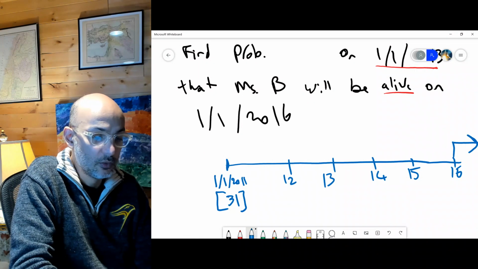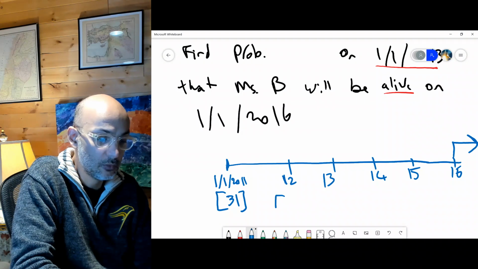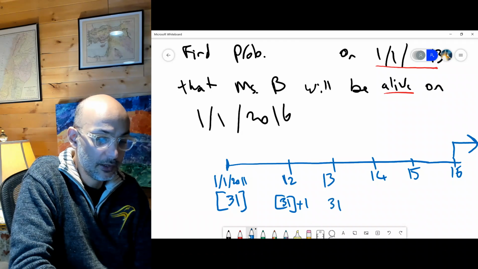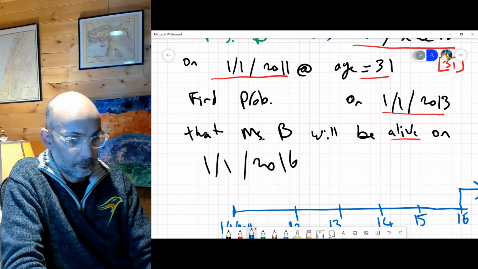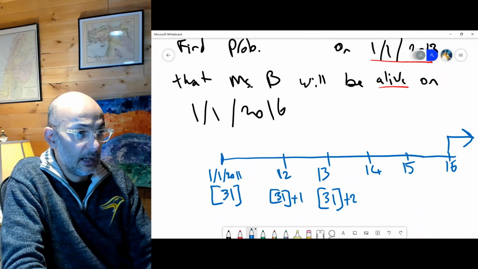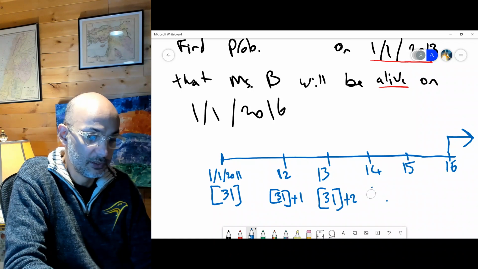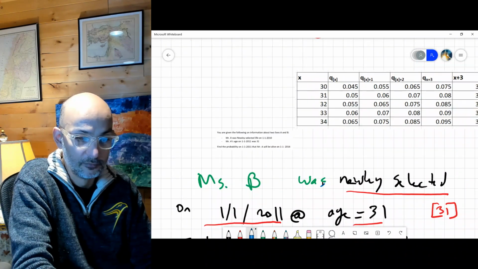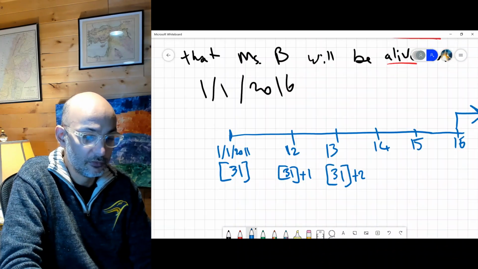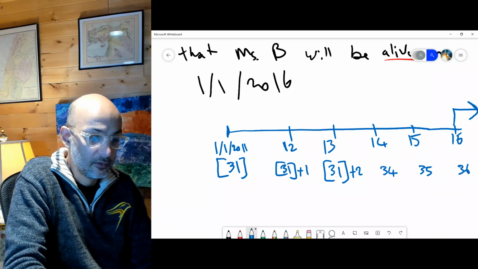Her age 31 on 2012, she will be 31 plus 1. She's still selected. Here will be 31 plus 2. Oh, sorry, here actually end of the period, because the selection is only plus 2. So here will be 34 actually. 35, 36. This is the age, right?